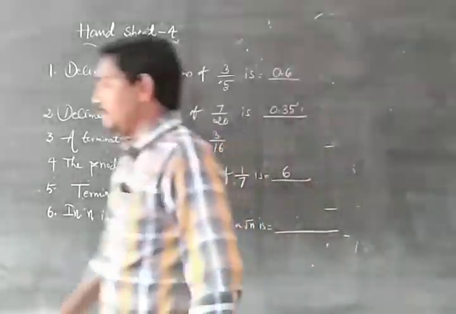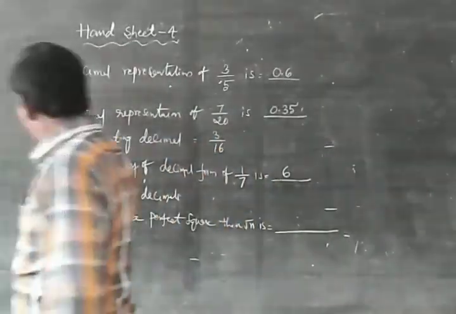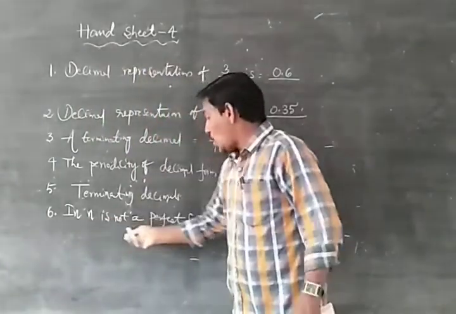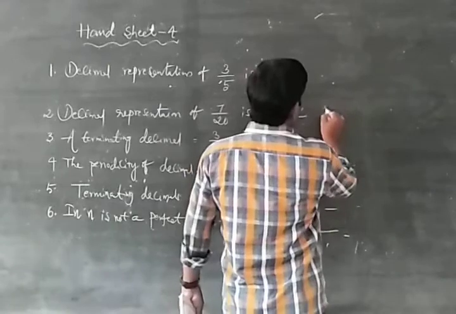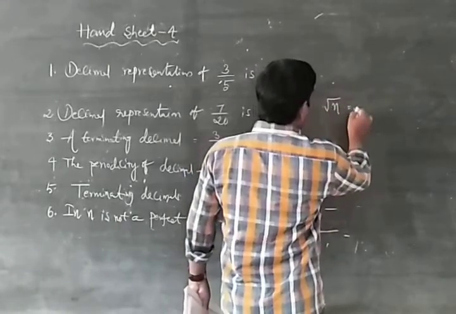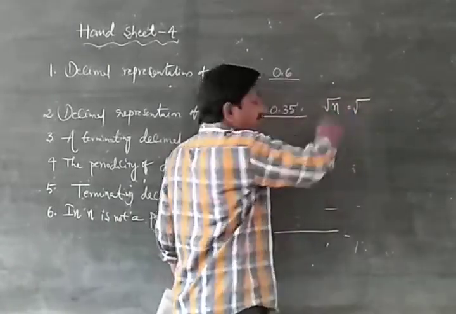What is the question here? If n is not a perfect square, then root 10 is, right? Root 10. Here n is not a perfect square.